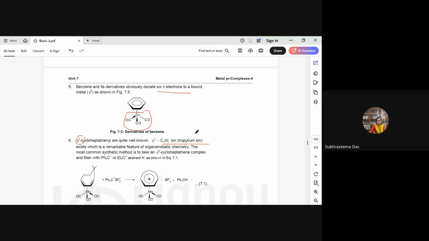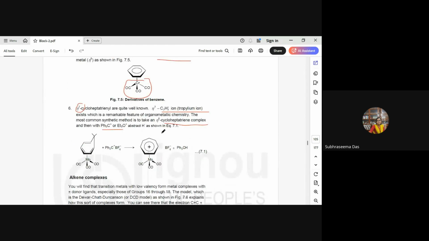The most common synthetic method to prepare this is to take a cycloheptatriene complex and react it with either Ph3C plus or Et3O plus, and as a result one hydride, H minus, is abstracted.